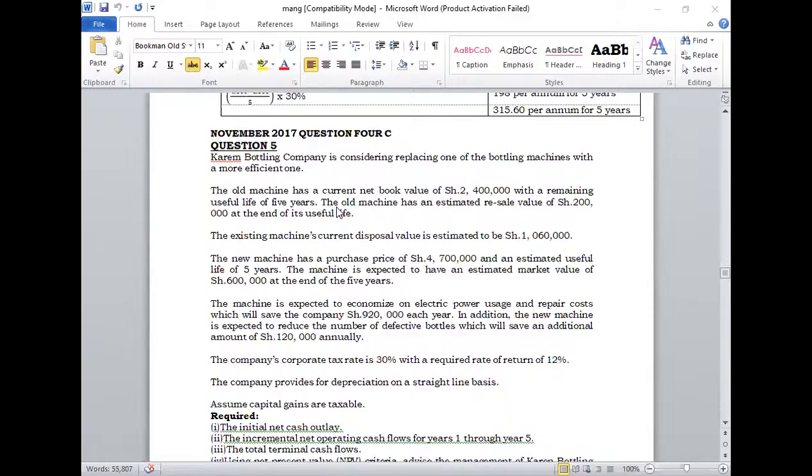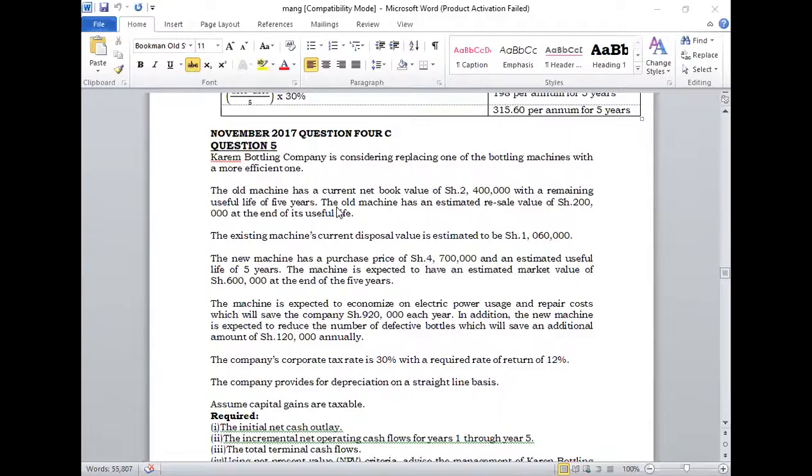The existing machine current disposal value is estimated to be 60,000. The new machine has a purchase price of 4.7 million and an estimated useful life of 5 years. The machine is expected to have an estimated market value of shilling 600,000 at the end of the 5 years.